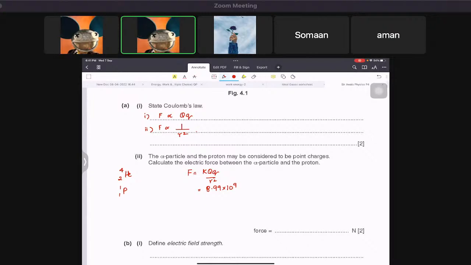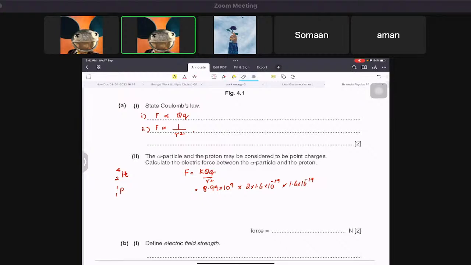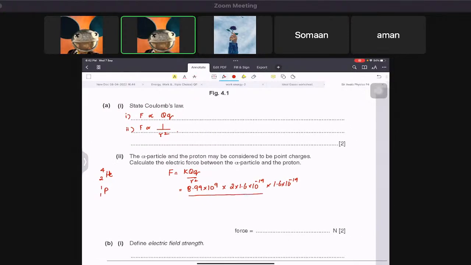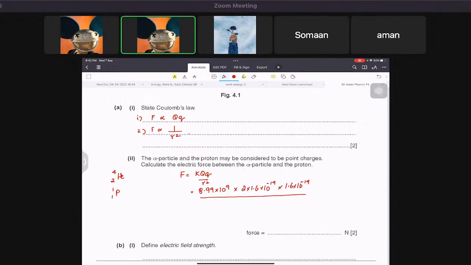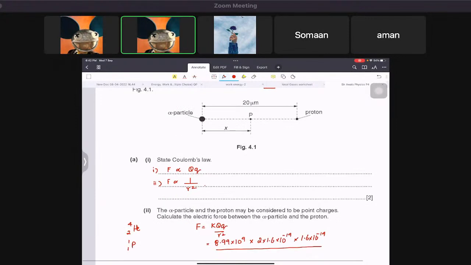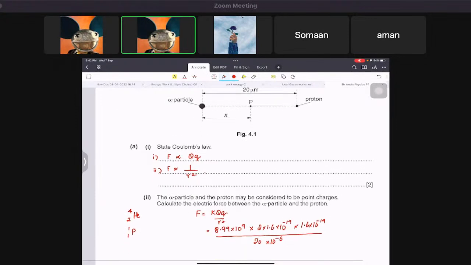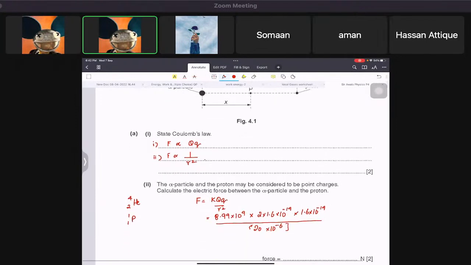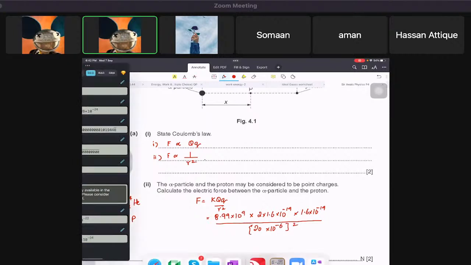So the charge on the helium nucleus is 2 times 1.6 times 10 raised to minus 19, that's 2e, times the charge on the proton, 1.6 times 10 raised to minus 19, and then divided by the distance, right? So distance 20 micrometers, 20 times 10 raised to minus 6, whole squared. Sometimes I also forget about it.